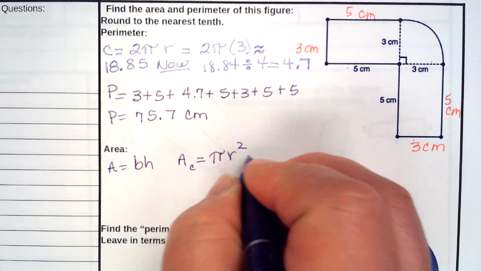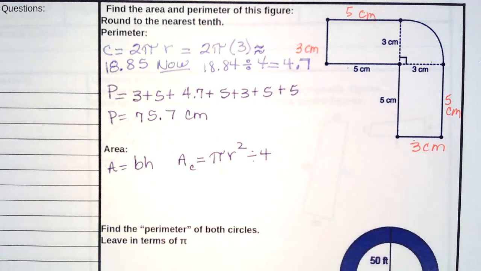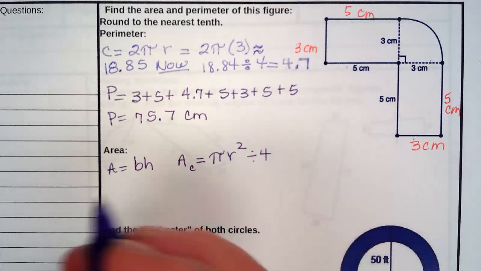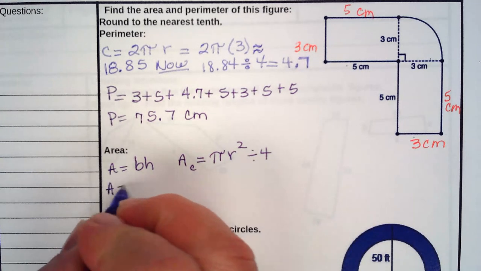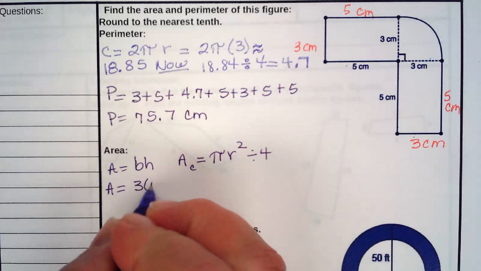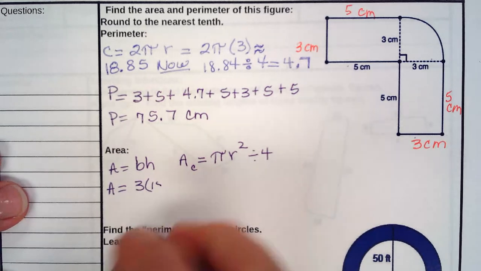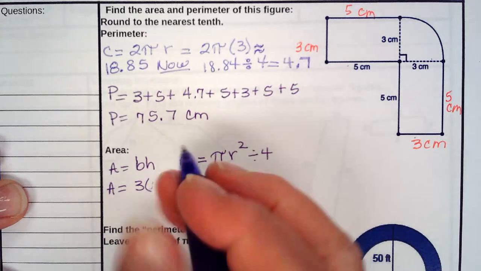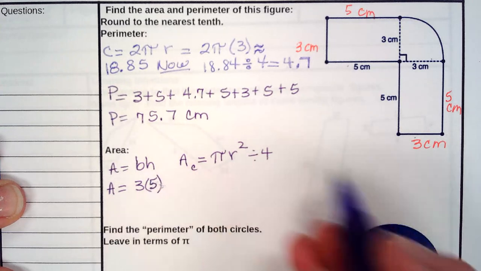No, we'll have to divide it by 4. Your base and height here are 3 and 5, and those are identical.